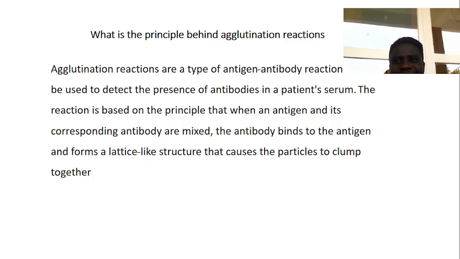When the antibody is present and is mixed with the antigen on the cell, antibody binds to antigen specifically and causes them to clump together. They form a structure like clumping or a solid form that is easy to visualize with the naked eye.